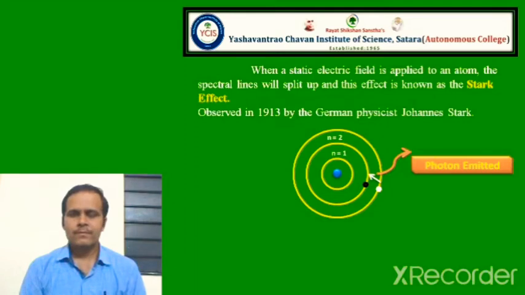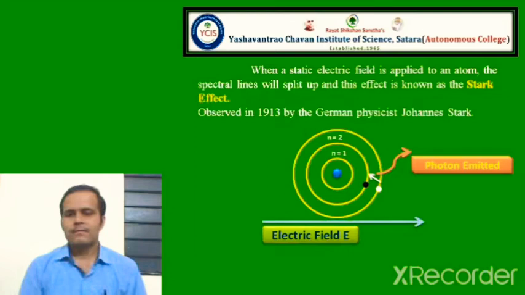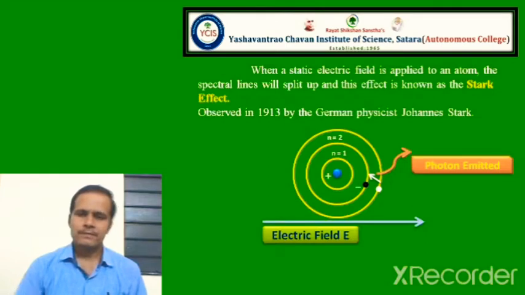Now, if we place this system under the influence of an electric field, then the observed spectral lines will split up due to the electric field's influence on the dipole moment due to the charges.